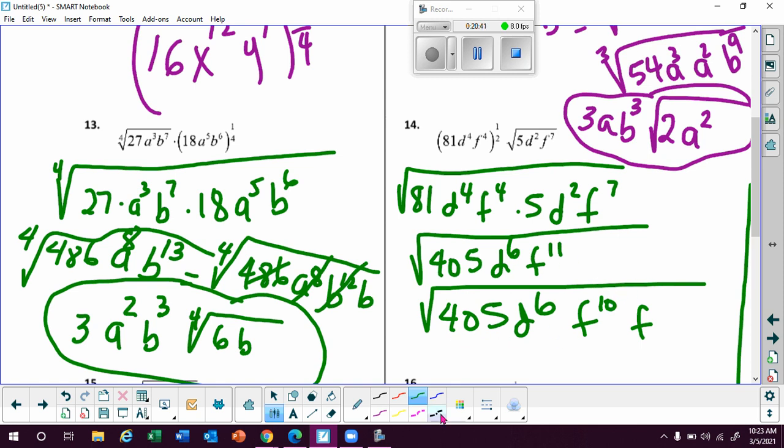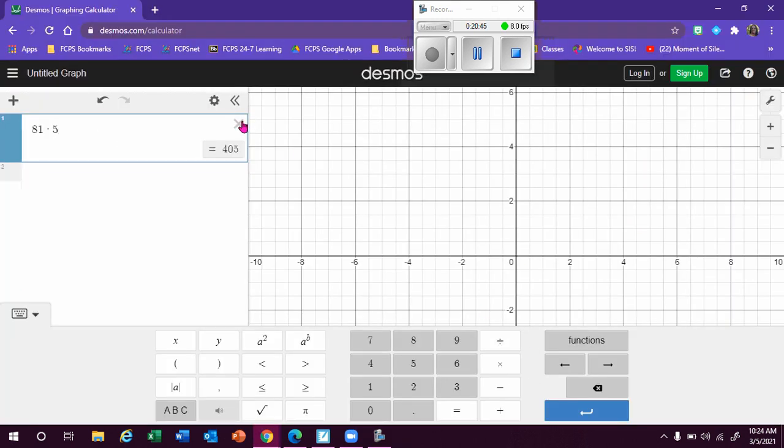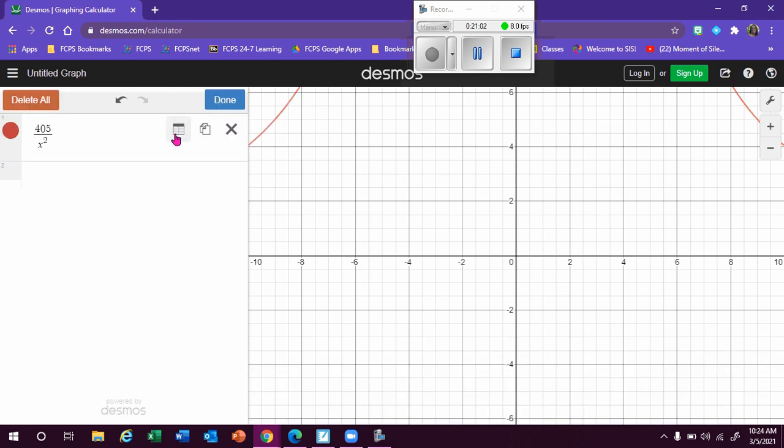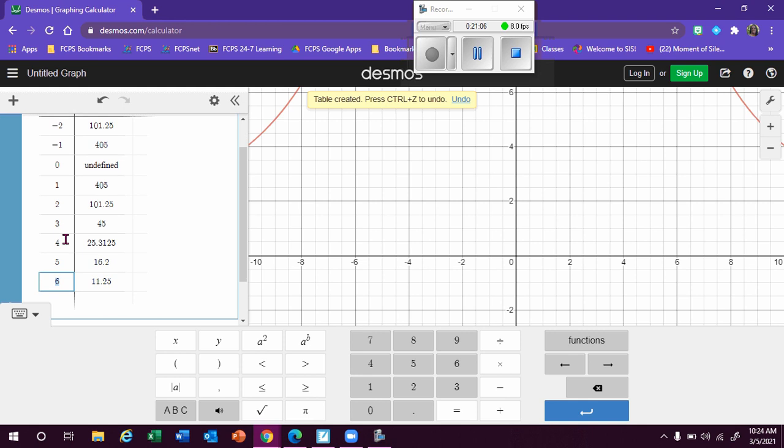Now the 405, I need to take care of that on decimals, or you can factor it out. So take 405 divided by x to the power of 2, and then go to your table. You go to the range, find the table, and then you just go down until the number on the right side is less than 1.